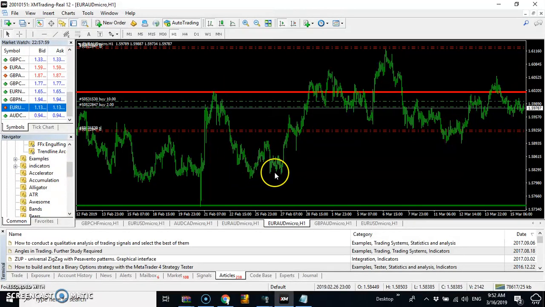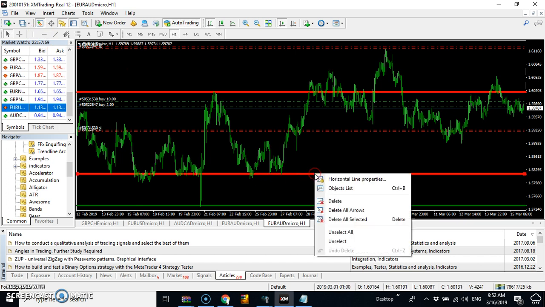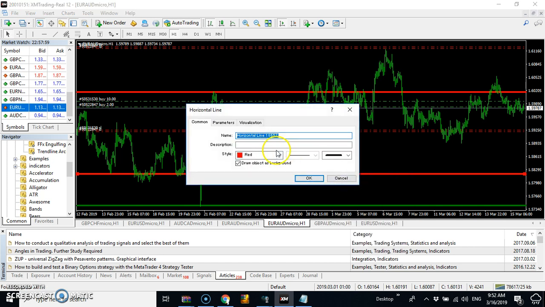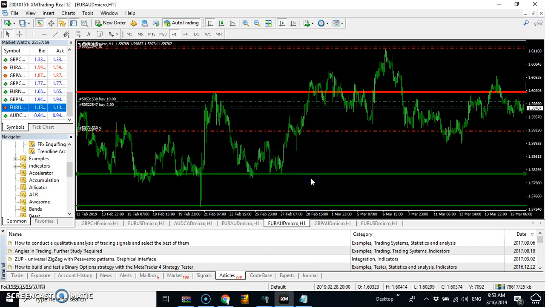It came back here. Now, wait. Let's do it this way. It jumped up. It came back here then. This is a buy zone. A horizontal green line is a buy zone. Make it a buy zone, man.